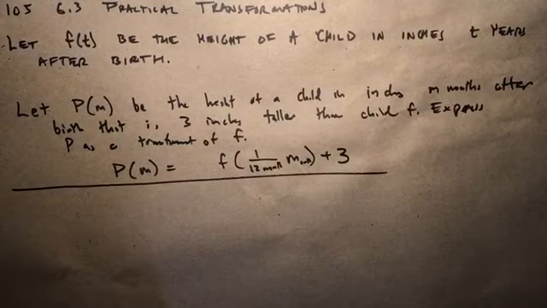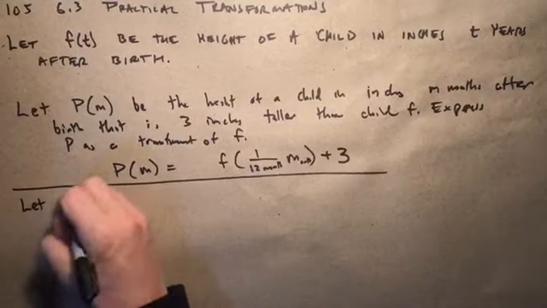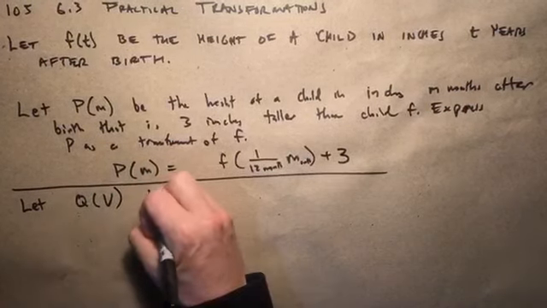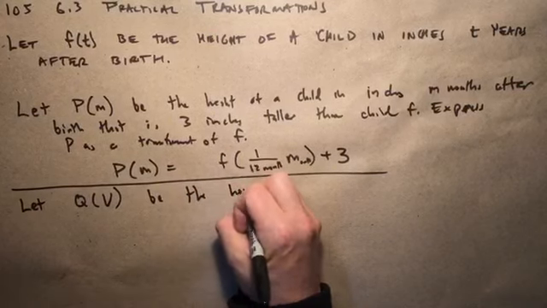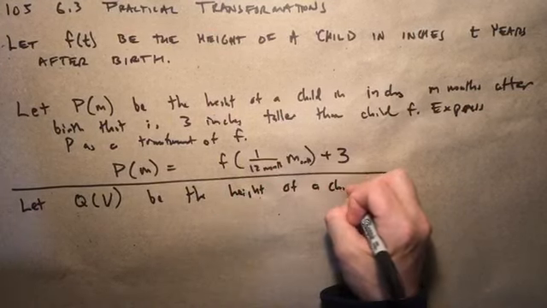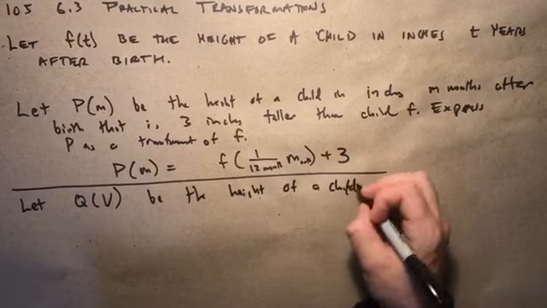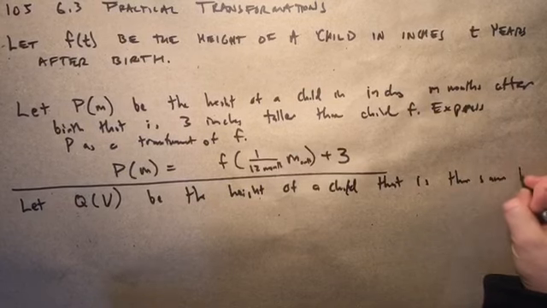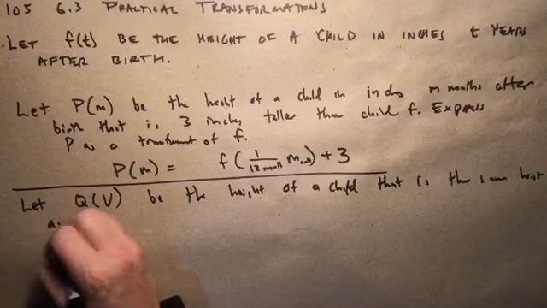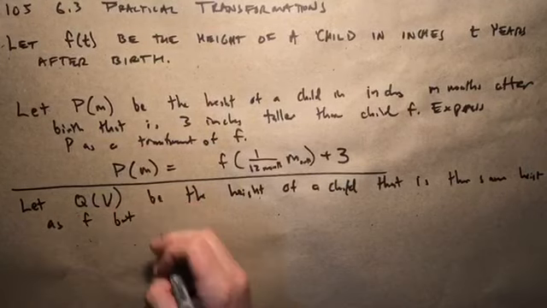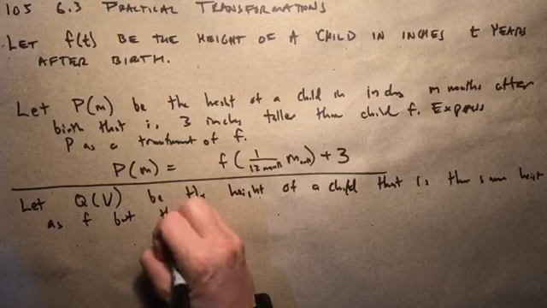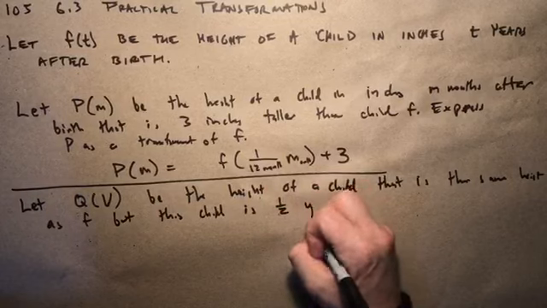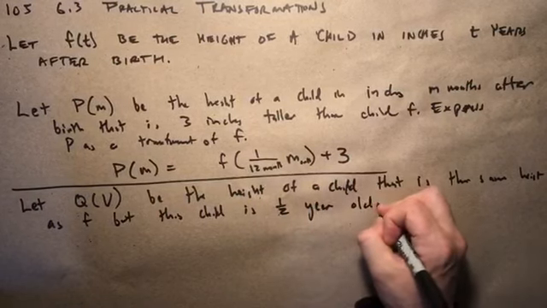Our final child is, how about, let Q of V be the height of a child that is the same height as F, but this child is half a year older.